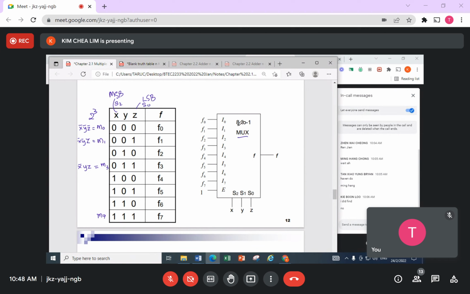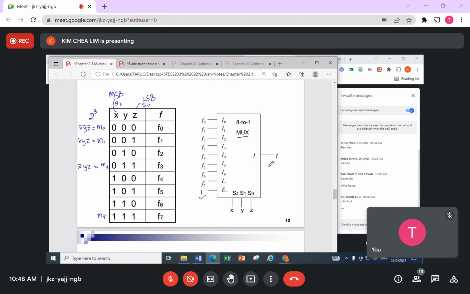For these multiplexers, it's very easy. They have all the combinations that I want. When these are 0, 0, 0, this is the 1, so pick F0. So whatever the condition here, connect to here, and so on. And in order to make this multiplexer work, in this case my enable E, no bubble, must be connected to logic 1. Otherwise, you won't be able to get your output.